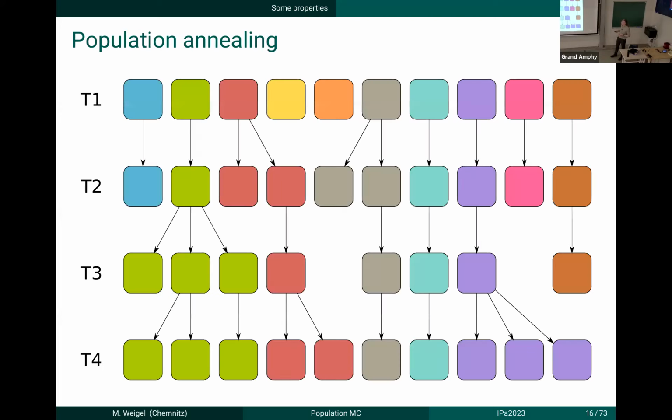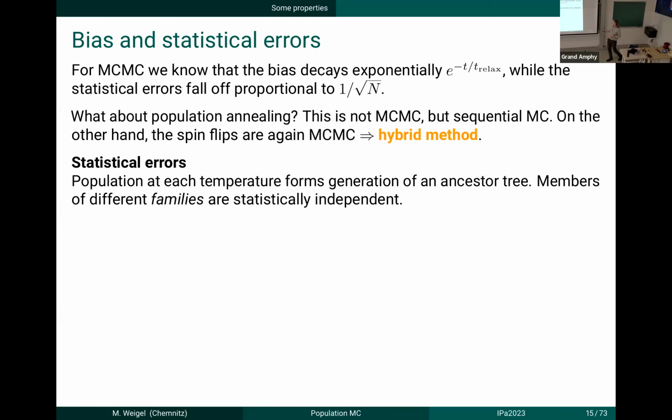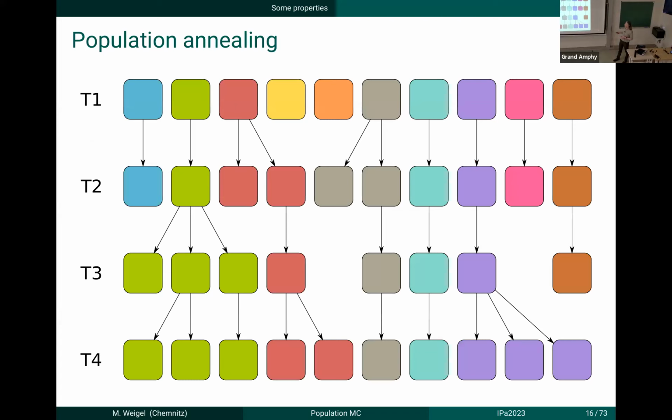Okay, right. So what about statistical errors at first? I mean, how can we estimate those? If you look at this sketch here, the colors are beautiful, of course, but they also serve a purpose, and that is to distinguish things that are in the same ancestry tree, so to speak, which you could call families, essentially.